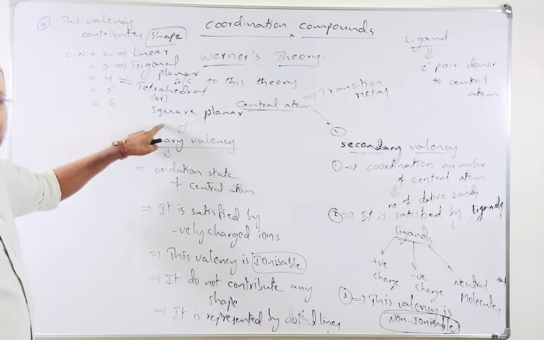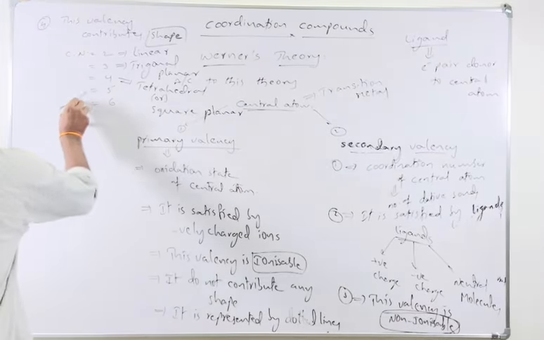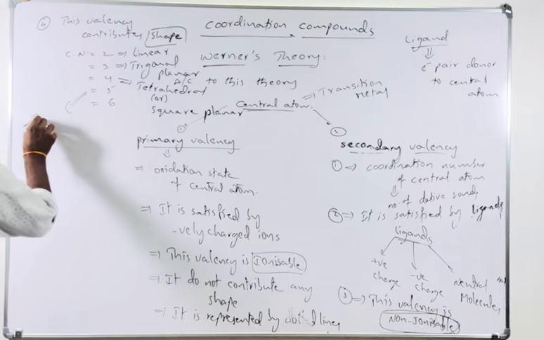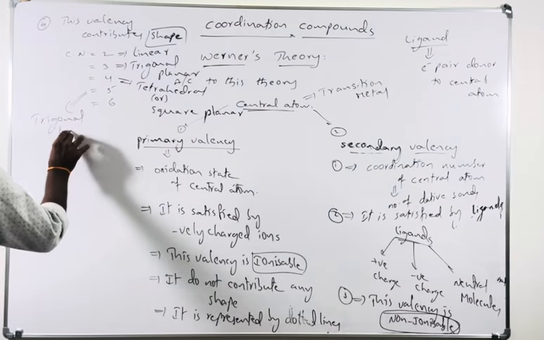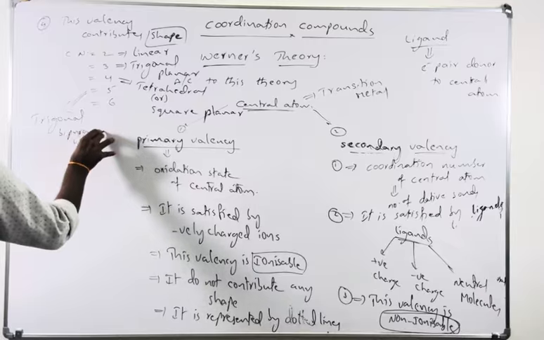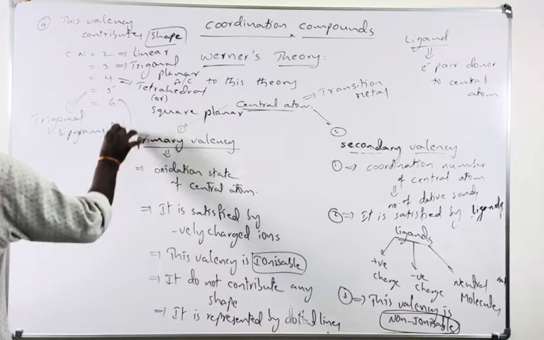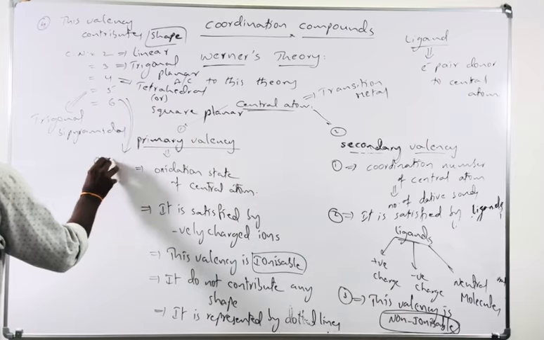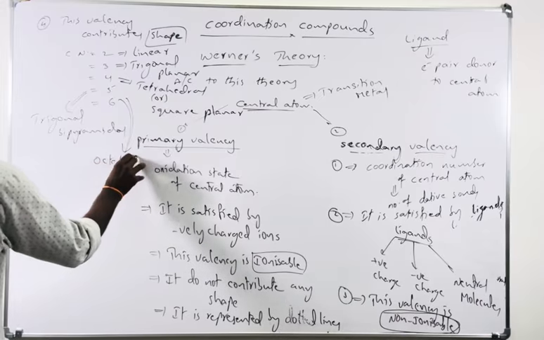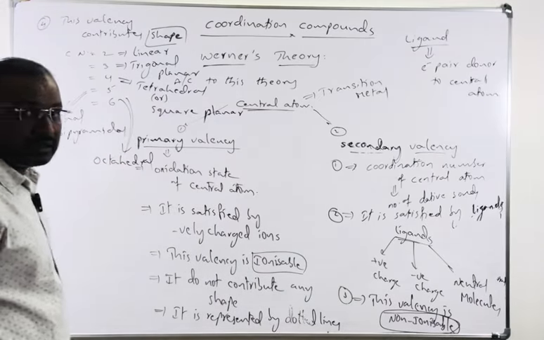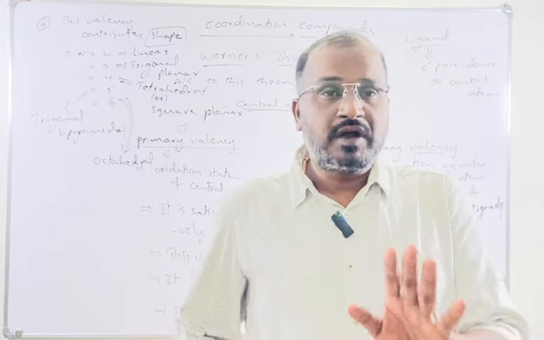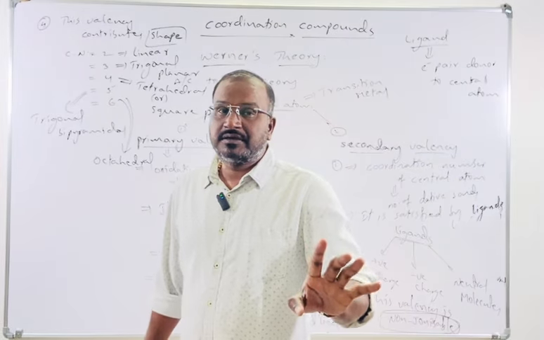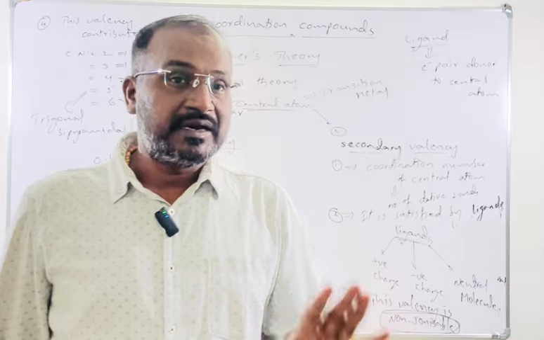If coordination number 5 is there, the shape will be trigonal bipyramidal. And if the coordination number is 6, the shape will be octahedral. Like this, the shape is determined by coordination number. The coordination number is nothing but the secondary valency of the central atom.